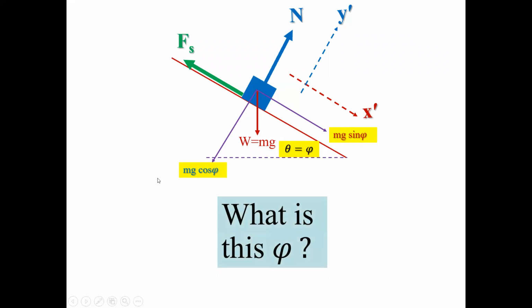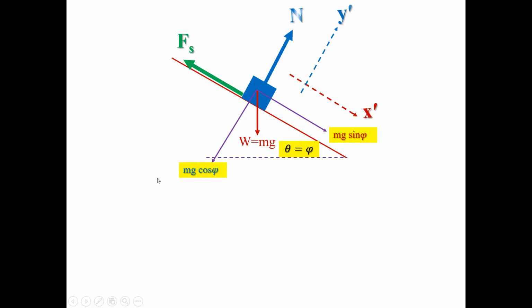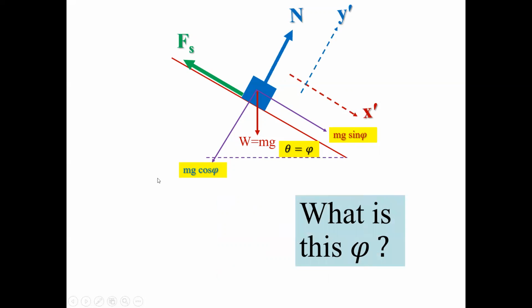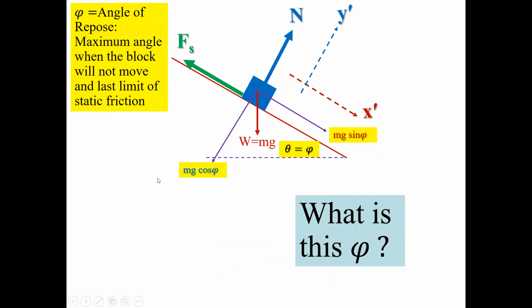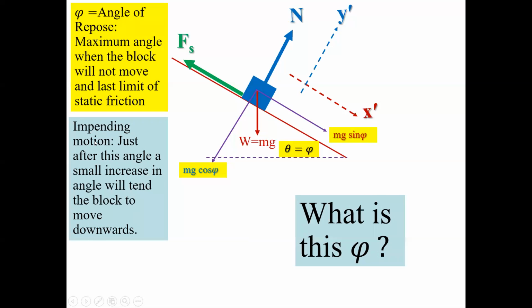Then what is this phi? This phi is the angle of repose, the maximum angle when the block will not move, the last limit of static friction, and also impending motion. Just after this angle, a small increase in angle will make the block move.